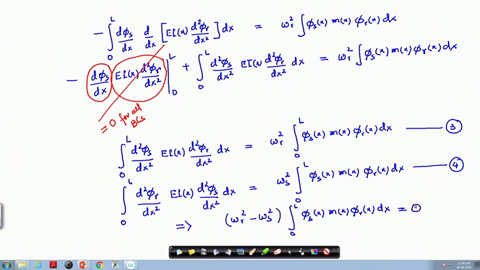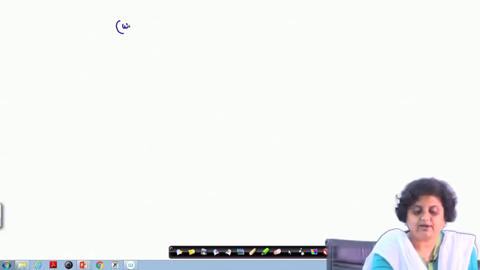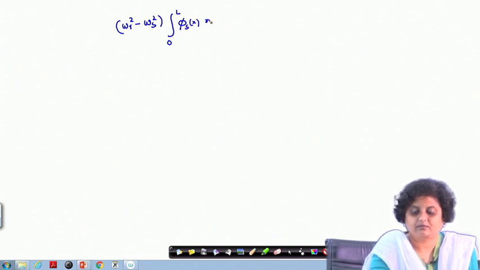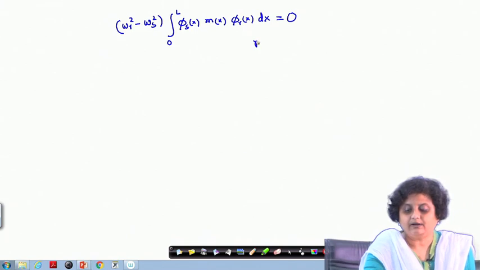Now, in this equation that we have, r is not equal to s.